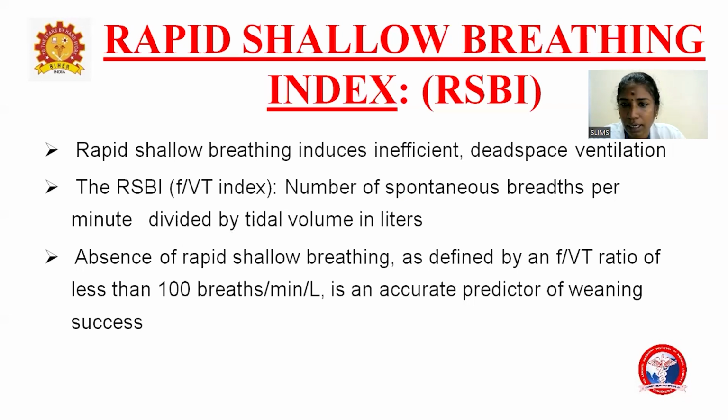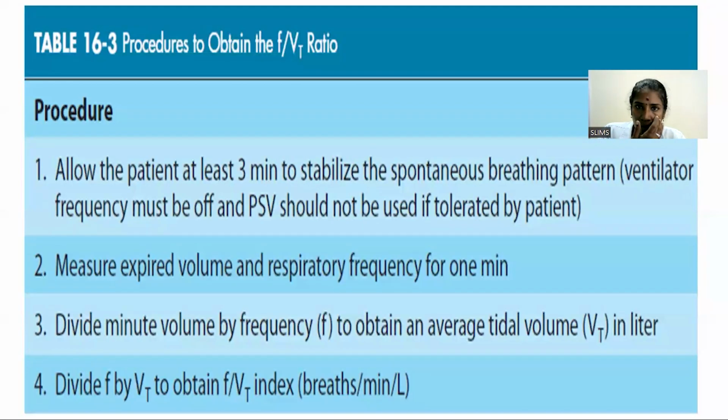We should make this trial. If the ratio is less than 100 breaths per minute per liter, we can adequately wean the patient. So these are the procedures for checking the spontaneous breathing trial. Allow the patient at least 3 minutes to stabilize the spontaneous breathing pattern.